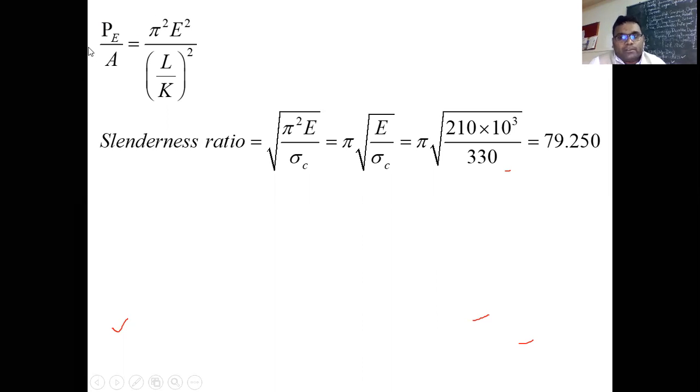We know this because we already discussed it when we were discussing the Rankine formula. So we have to calculate this L upon K. Actually the slenderness ratio is LE upon K, but here LE and L are the same. That's why you must remember this thing.